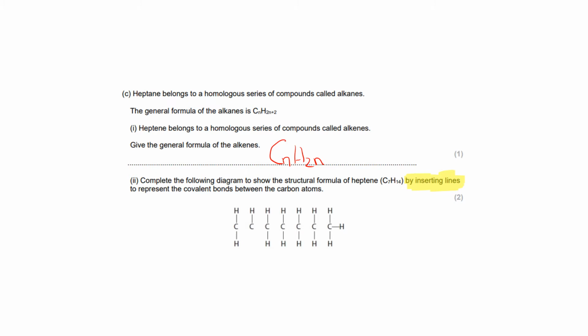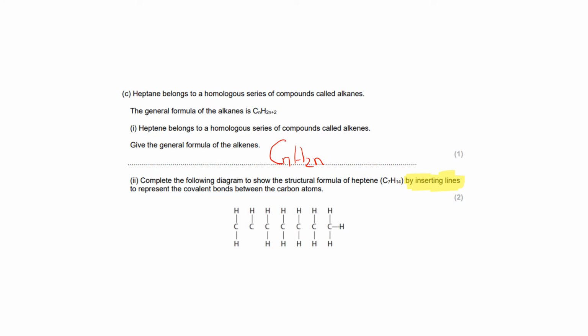This structure already has 7 carbon atoms and 14 hydrogen atoms, which is our molecular formula. So we couldn't add more hydrogen atoms. That is not what the question wanted. You can only insert lines.